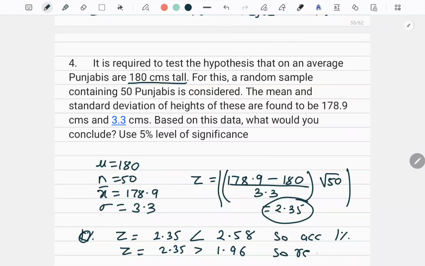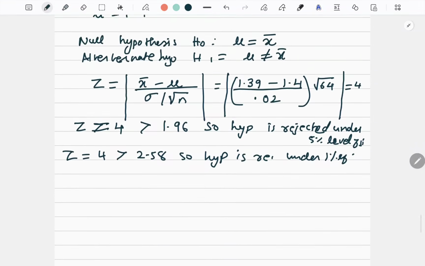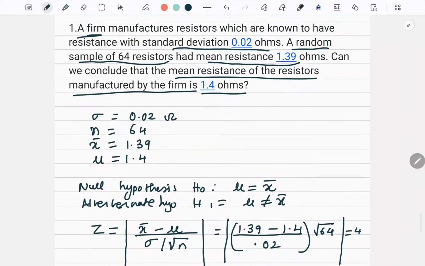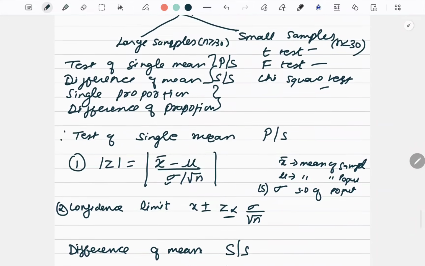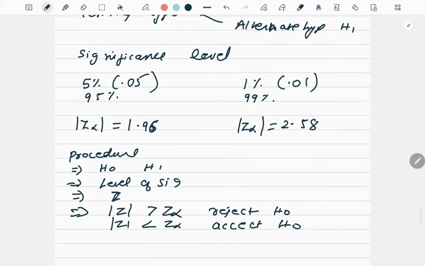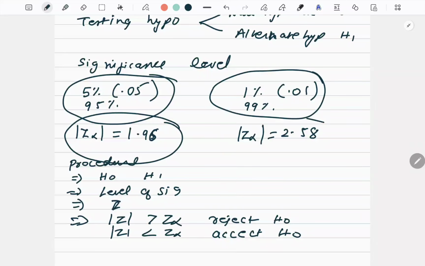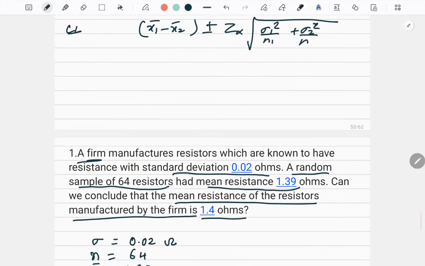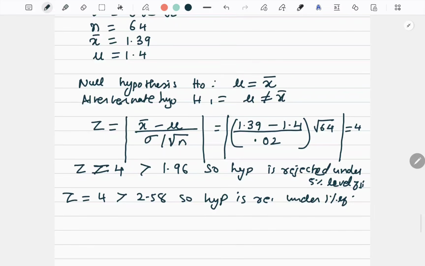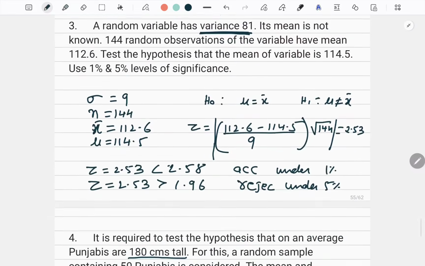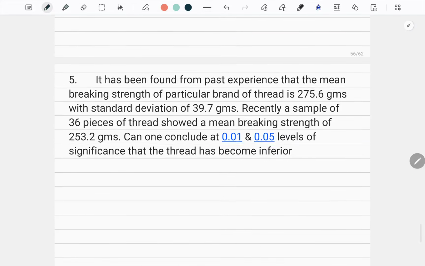So rejected under 5% level of significance. See, this level of significance thing I have explained to you here. See this one. So 5% means 1.96. 1% means, or 99% means, 2.58. So I hope I am not doing the reverse. Okay, 2.58 is always 1%, correct. Right? So now let's move to the next question.